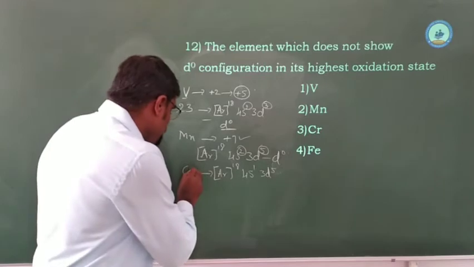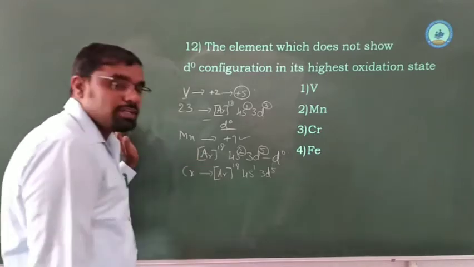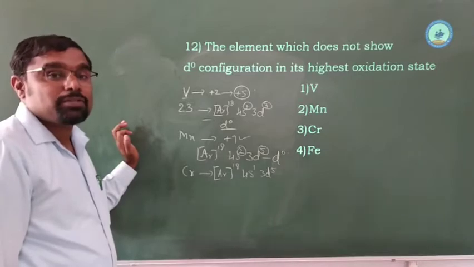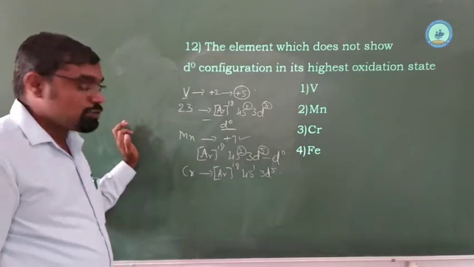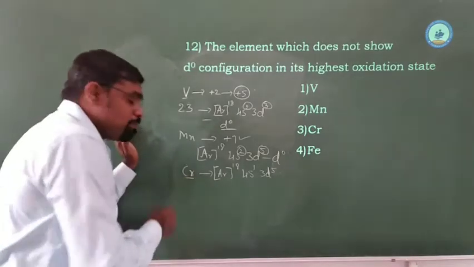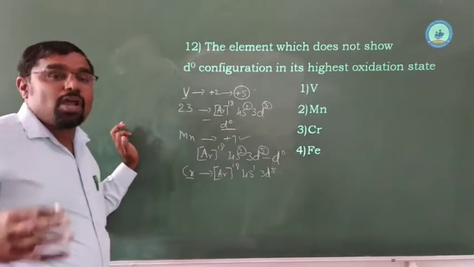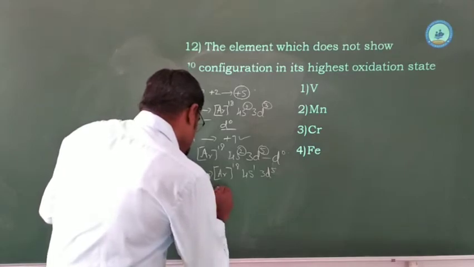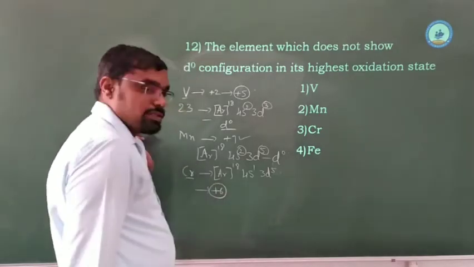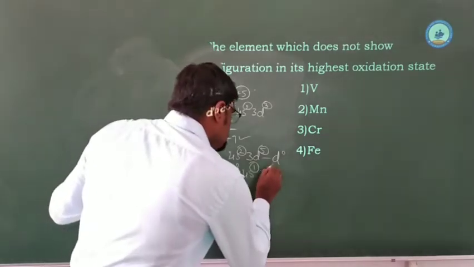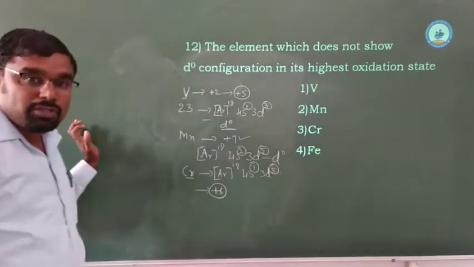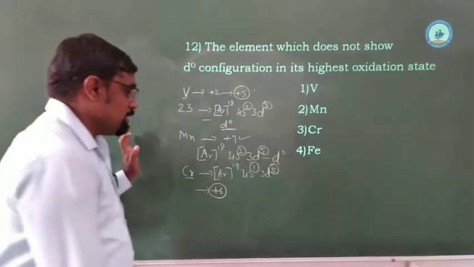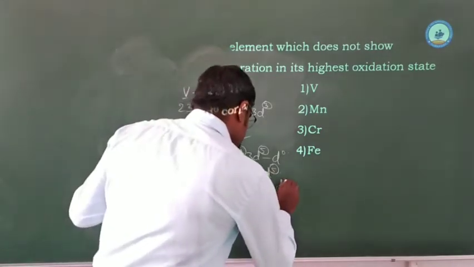For chromium, you already know potassium dichromate, so +6 oxidation state. You should not forget that one. So the highest oxidation state is +6. We are going to remove the 6 electrons from the s1 and d5 electrons. So here also d0.